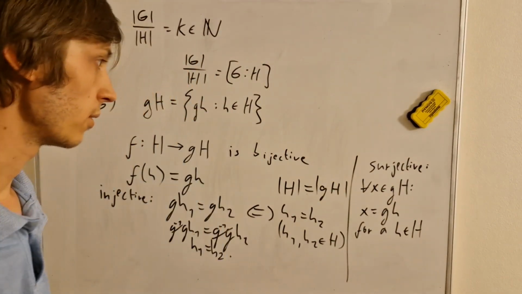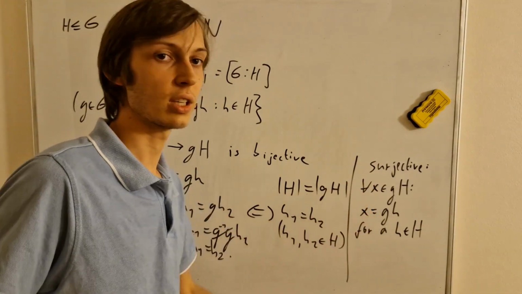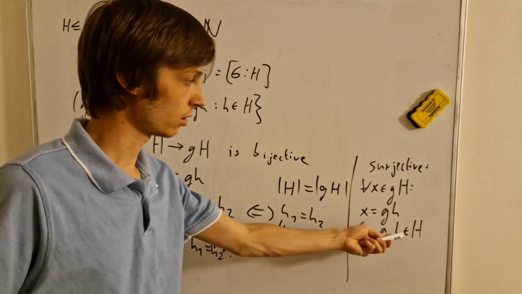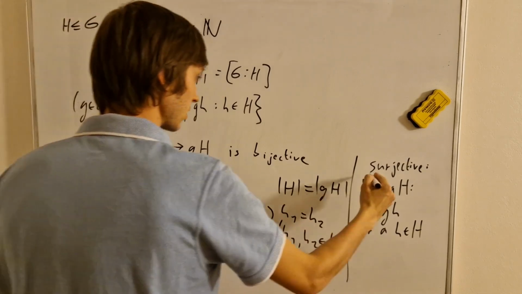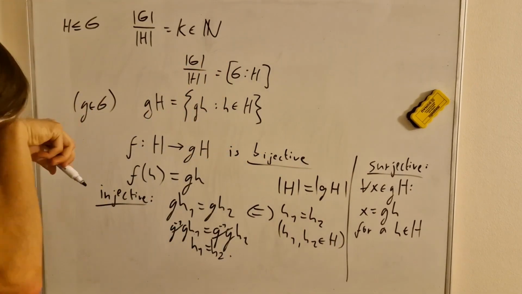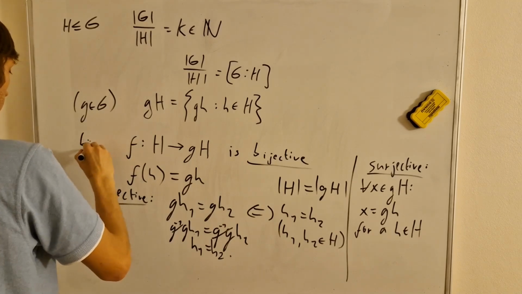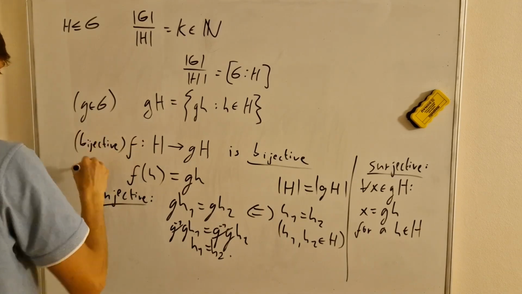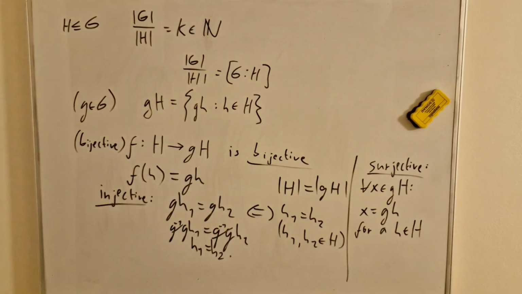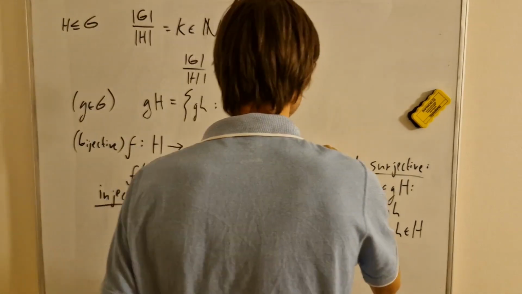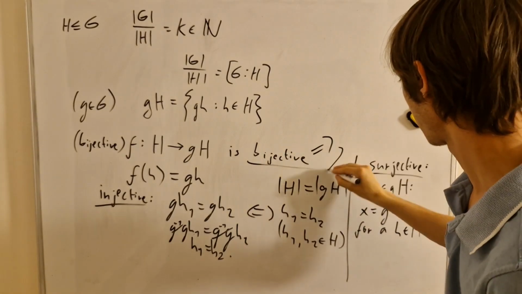And that's true. We can take any member of the coset and find a lowercase h inside that subgroup H that caused it to exist. So yes, it's surjective as well. Now we proved it's both injective and surjective, and therefore it's bijective. So we proved that this map from H to its coset gH is bijective.